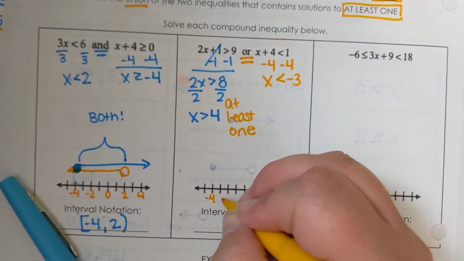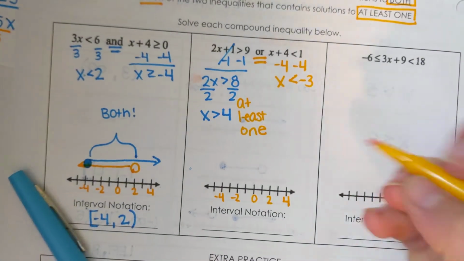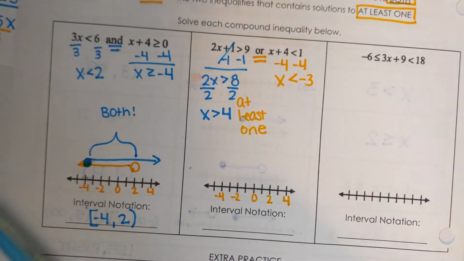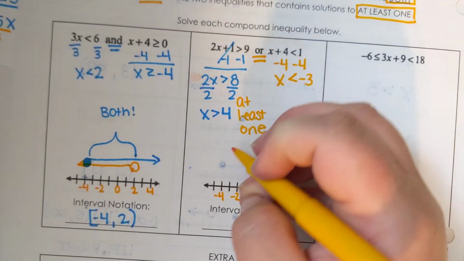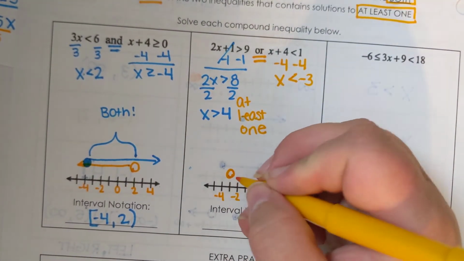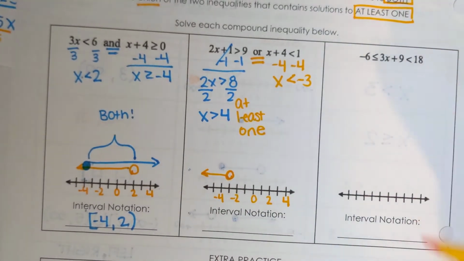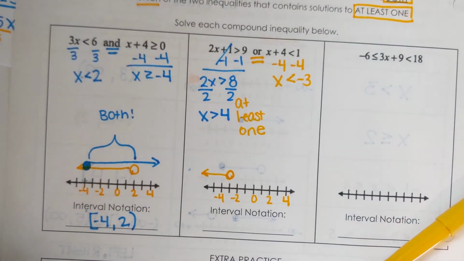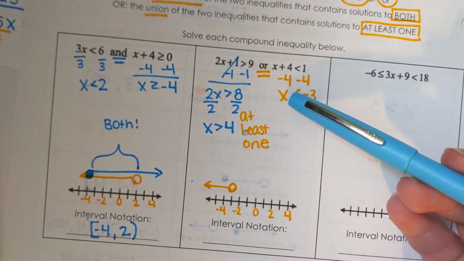Negative 4, negative 2, 0, 2, 4. Same number line as last time, except now I need x is less than negative 3. So I'm going to put a circle at negative 3 and go to the left because it's less than. And I'm putting an open circle because it's just less than, not or equals to.